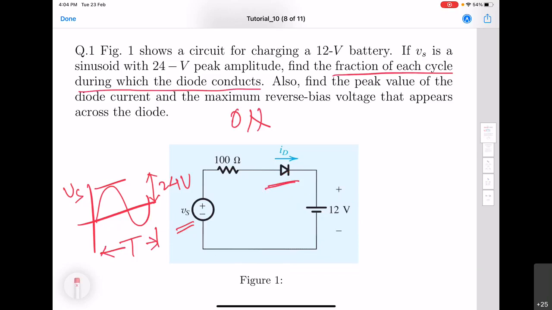And then of course we'll also have to find out what is the maximum value of diode current, ID max, and what is the maximum reverse bias VD.